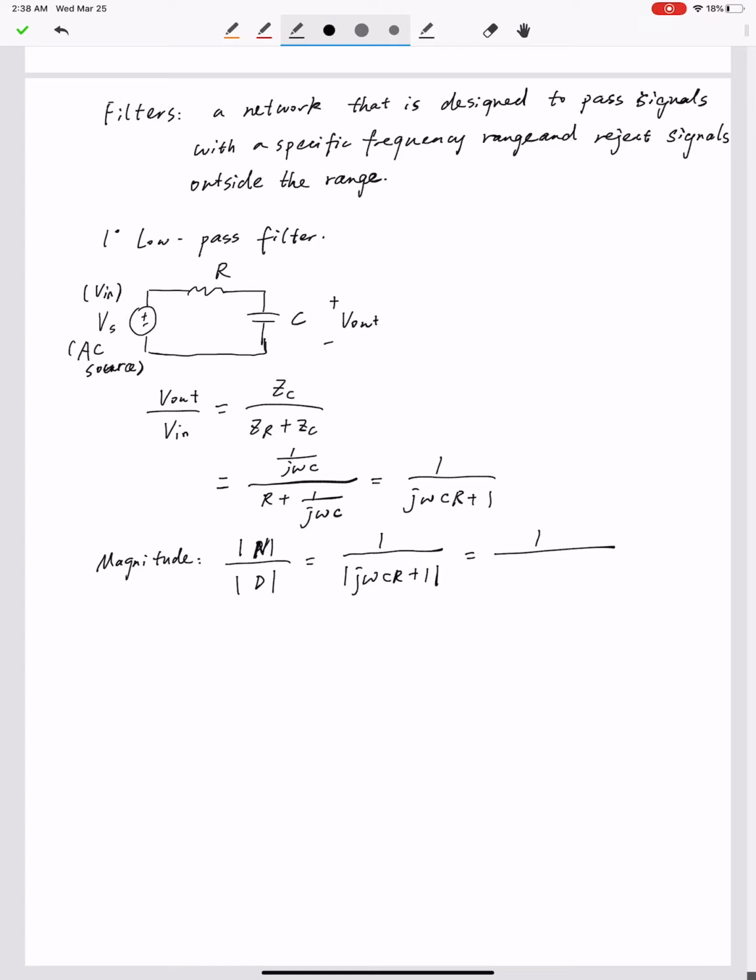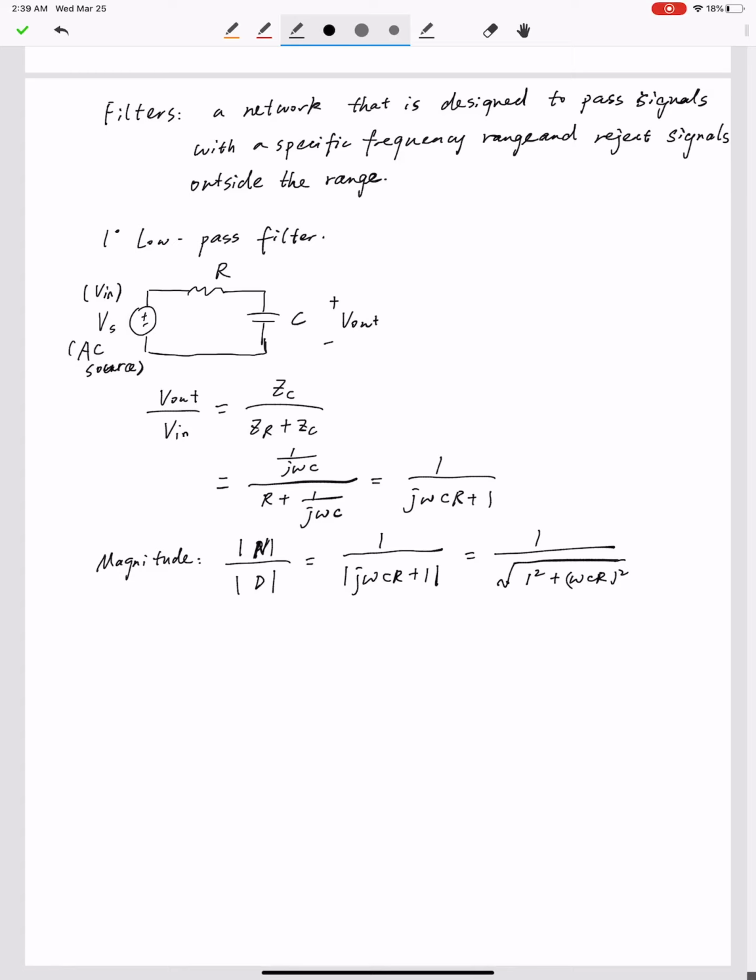The denominator is a rectangular-form complex number, so its magnitude equals the real part squared plus the imaginary part, omega RC, squared, and then take the square root. So that's the magnitude of the transfer function.